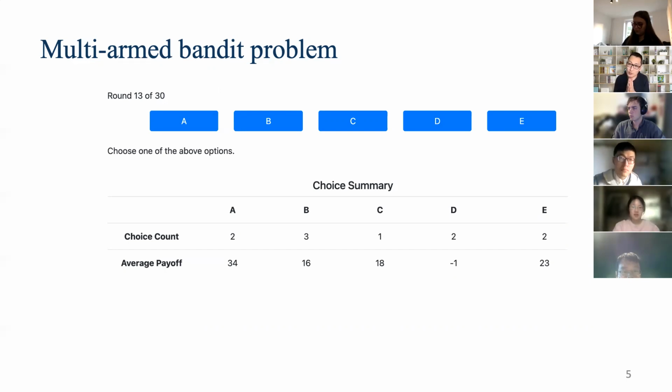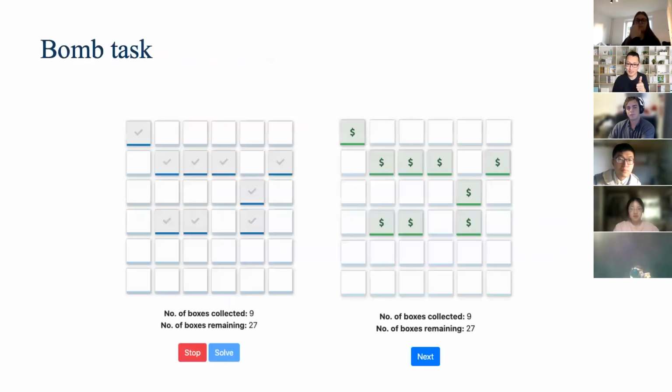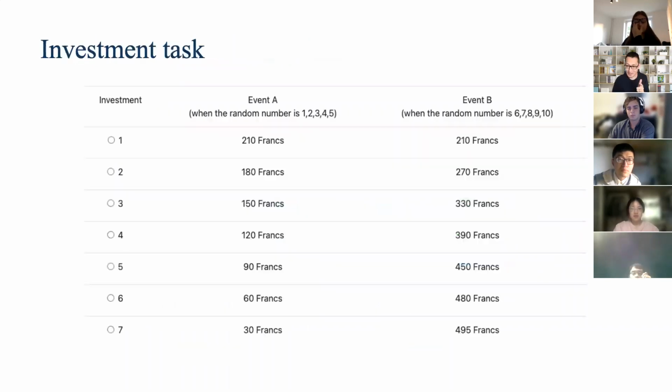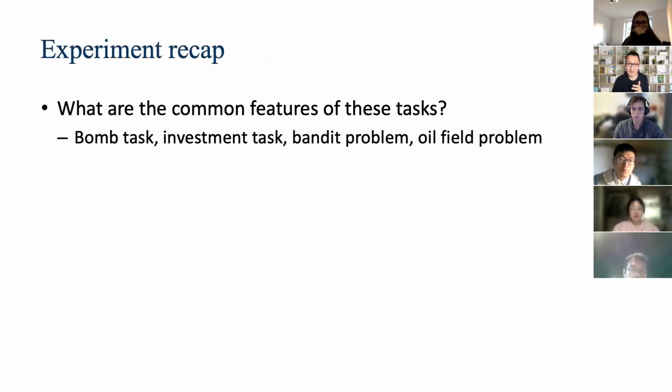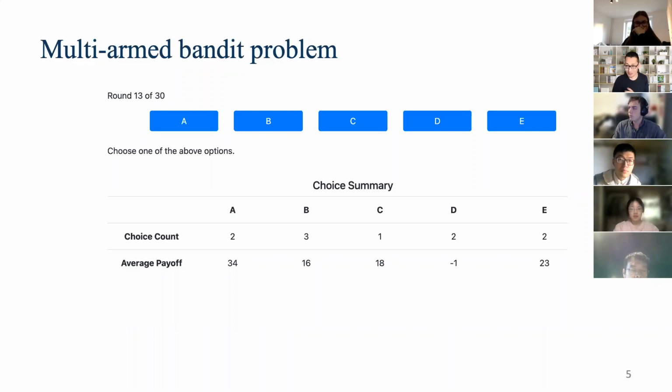Try to think about what your strategy was there and what a good strategy would be in these 4 tasks. At the same time, think about whether there are common features among these 4 different tasks. I'll give you maybe 30 seconds to think. So we have the bond task, investment task, oil field problem, and multi-arm bandit problem.